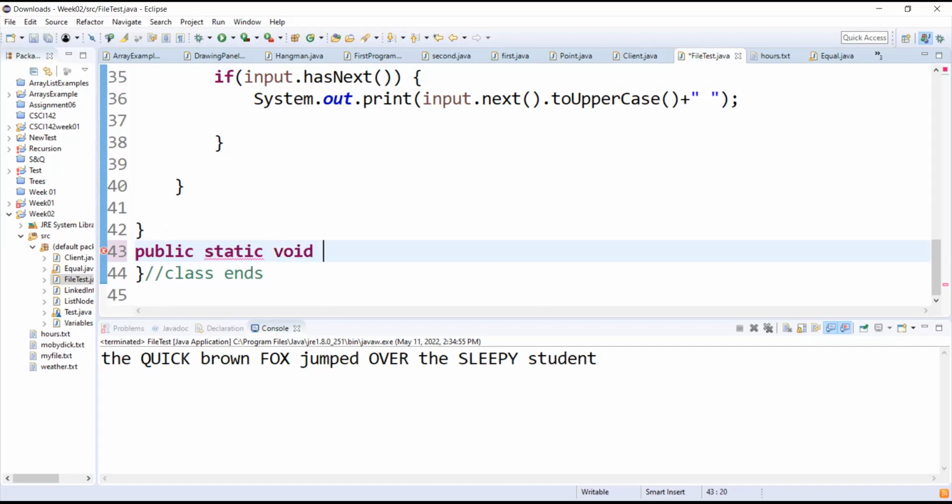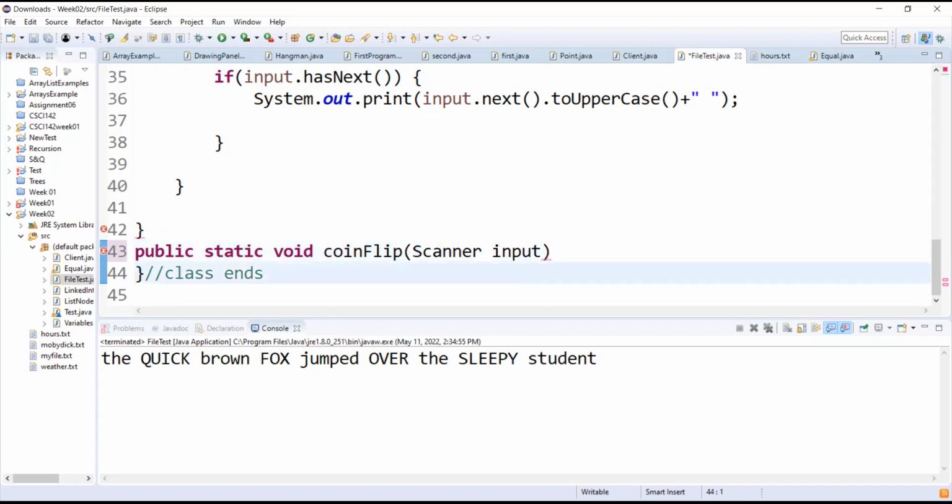When it is mentioned that there is no return keyword or anything you must return, it means it's a void method. CoinFlip is our method name, and what we are accepting from the user is a Scanner input, and then starting curly braces and ending curly braces.